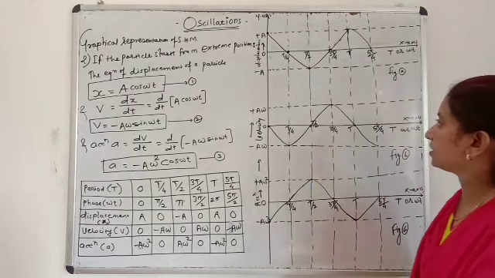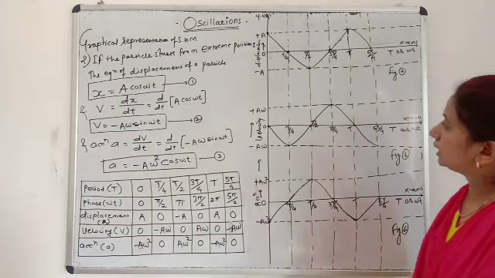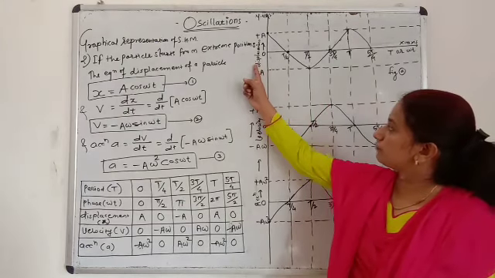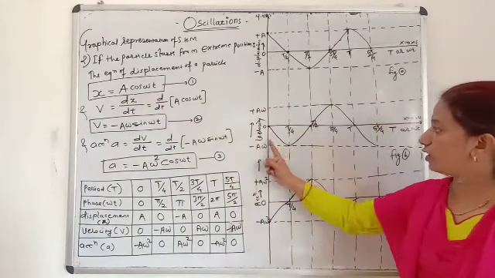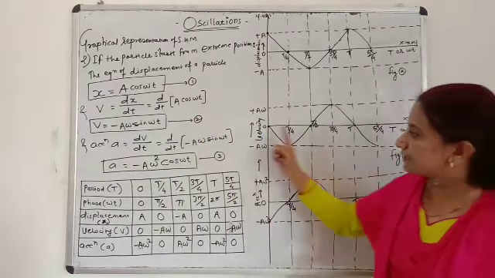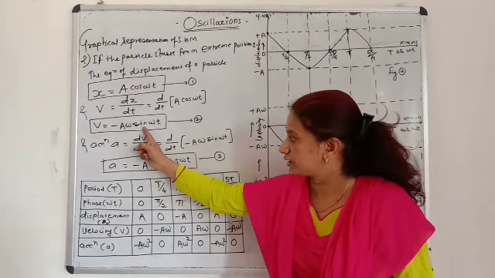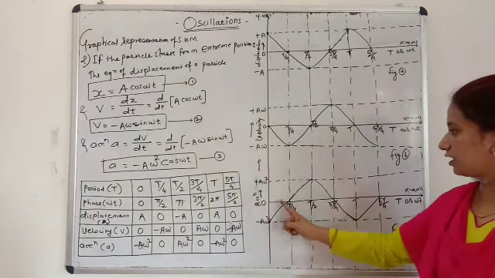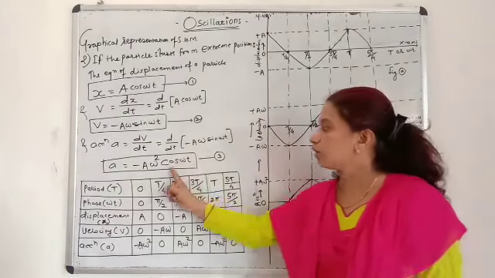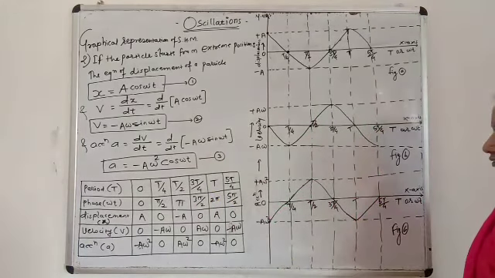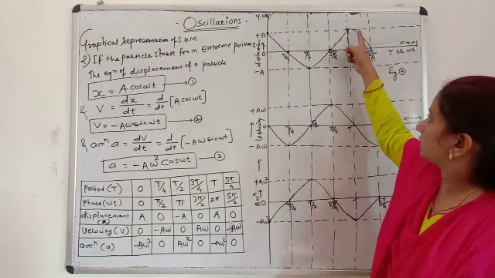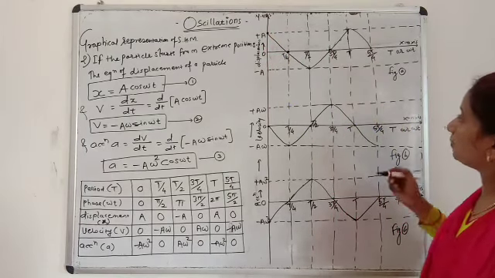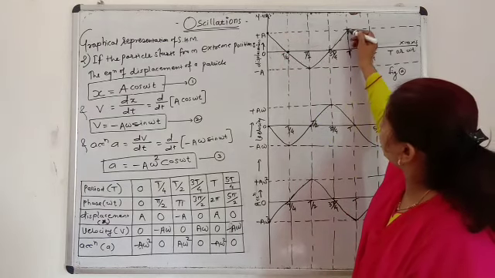Again, the third conclusion is that from this graph, the displacement versus time is a cosine curve. Then velocity versus time is a sine curve here. And the acceleration versus time is a cosine curve here. Okay. And the fourth conclusion is that all the shapes of curves are repeated after 2 pi radian.